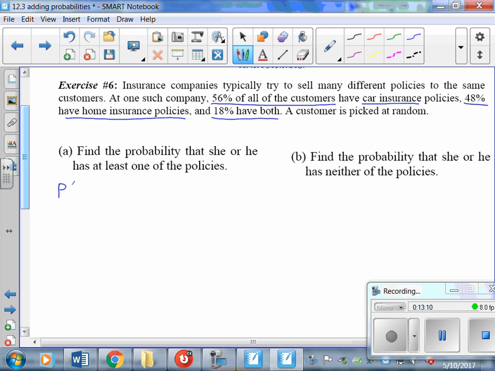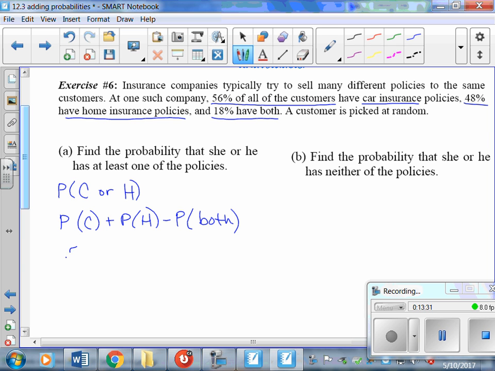So here we want to know the probability of, let's say, car insurance or homeowners insurance. So that's going to be the probability of car plus the probability of homeowners minus the probability of both. Now, again, here in math, we deal with numbers.